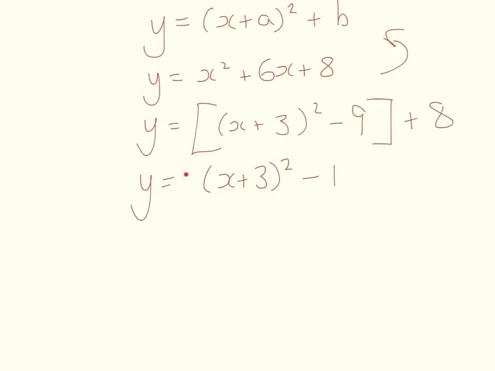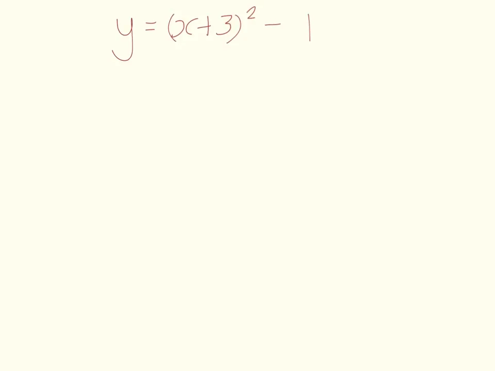From this format, we need to be able to identify the axis of symmetry, where that graph is symmetrical, and the turning point of that graph. So let's take this over to the next screen: y equals x plus 3 squared take away 1.